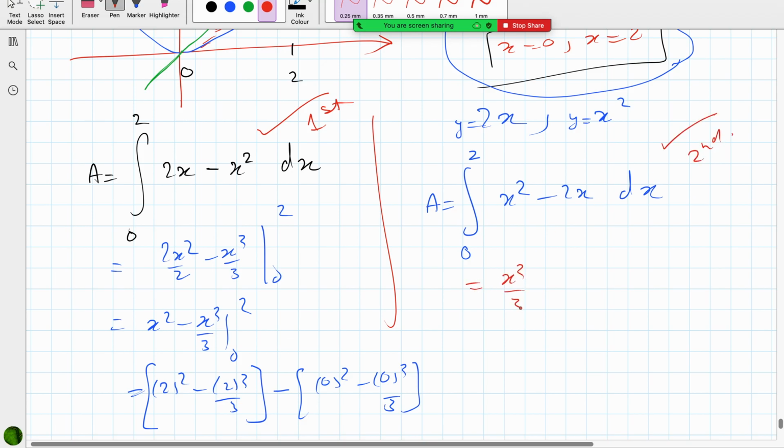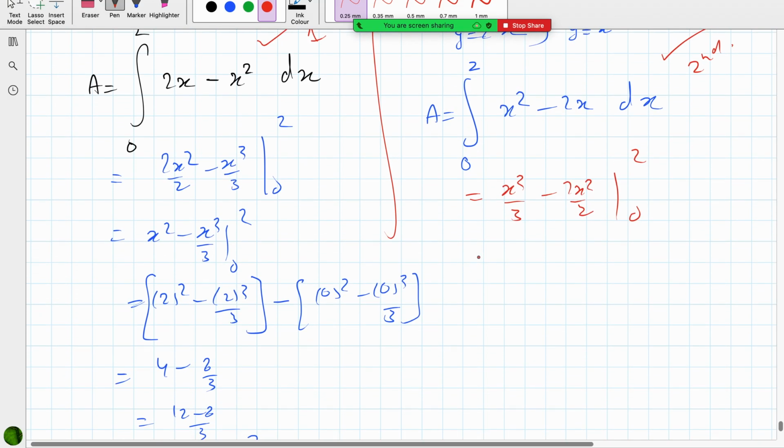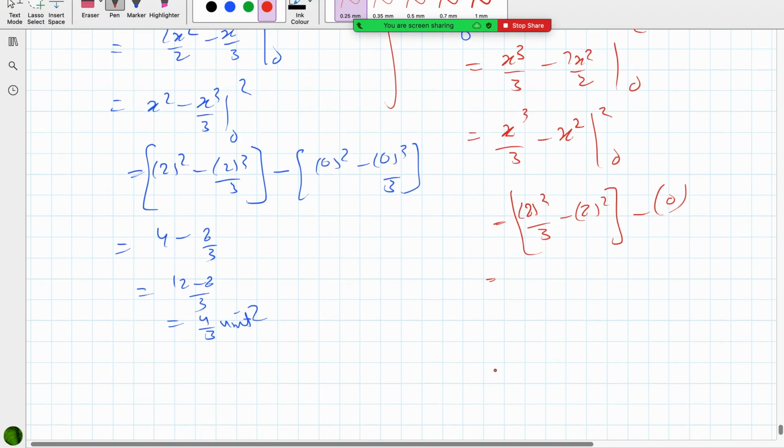Now this would be x cube over 3 minus 2x square over 2 from 0 to 2. So x cube over 3 minus x square, 0 to 2. 2 cube by 3 minus 2 square, upper limit minus lower limit. Now we have 8 by 3 minus 4. So 8 minus 12 by 3, minus 4 by 3.